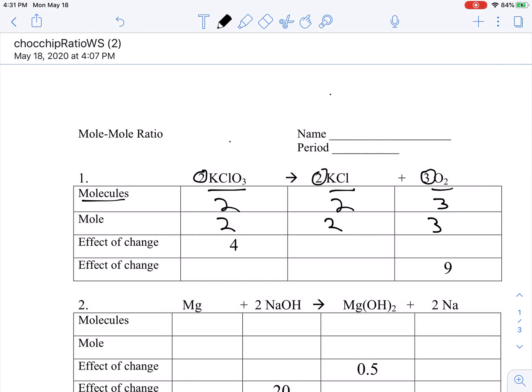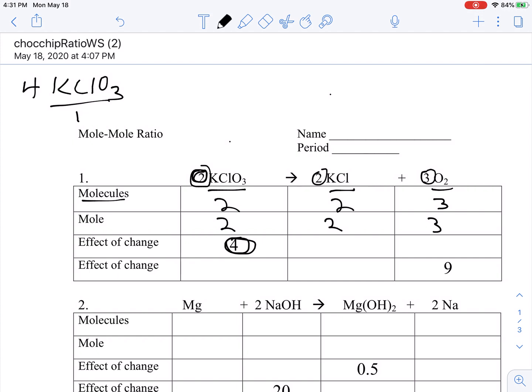But what happens if we change the number of potassium chlorate to 4 instead of the 2? Well, if we have 4 potassium chlorate, what would that do to the potassium chloride?